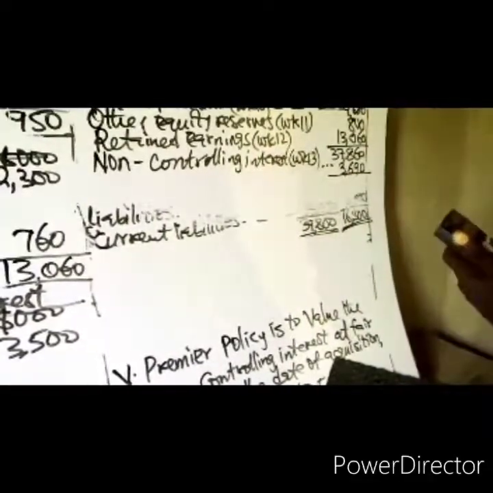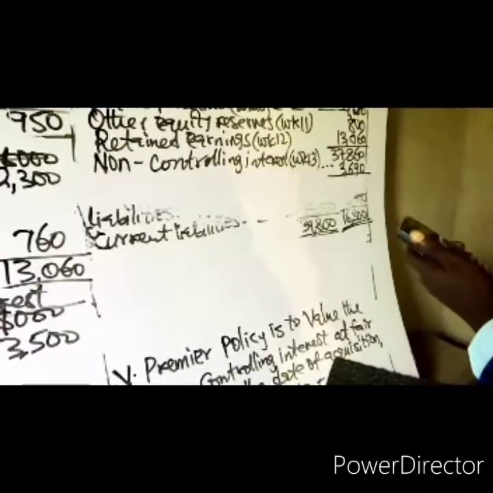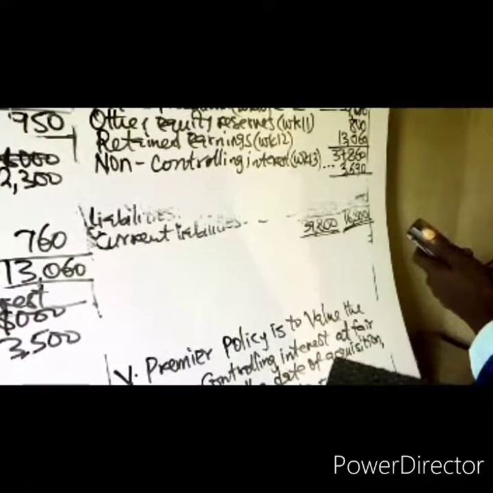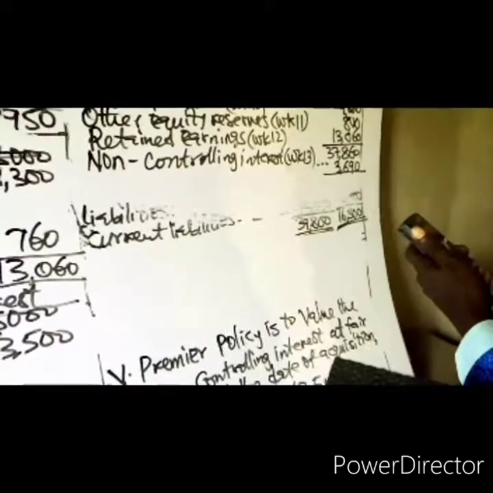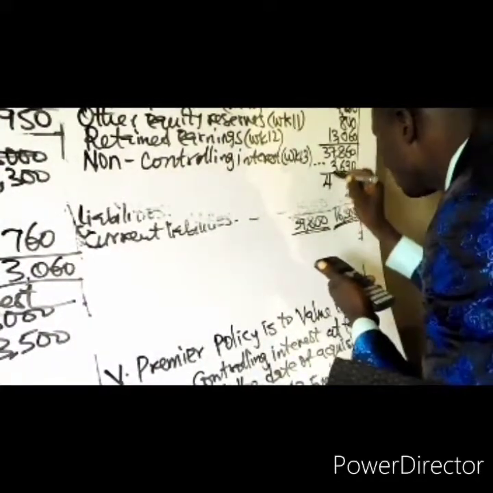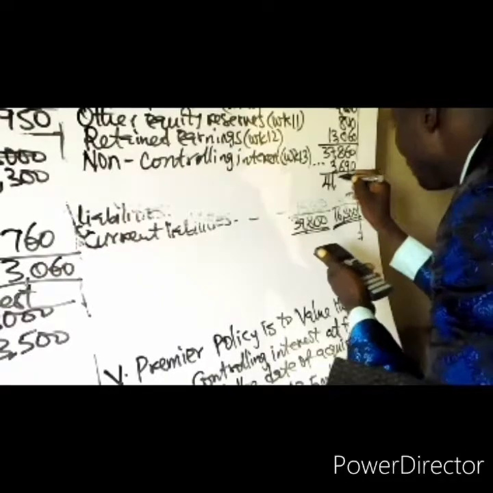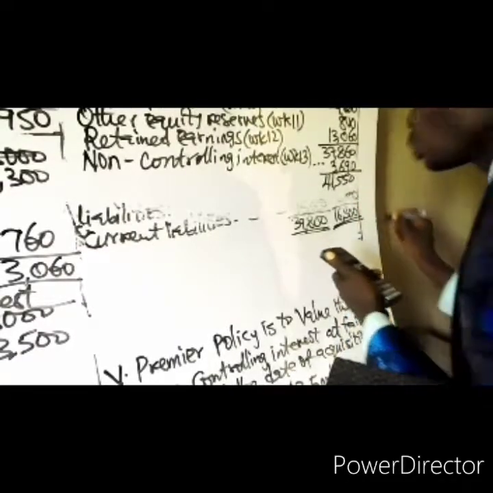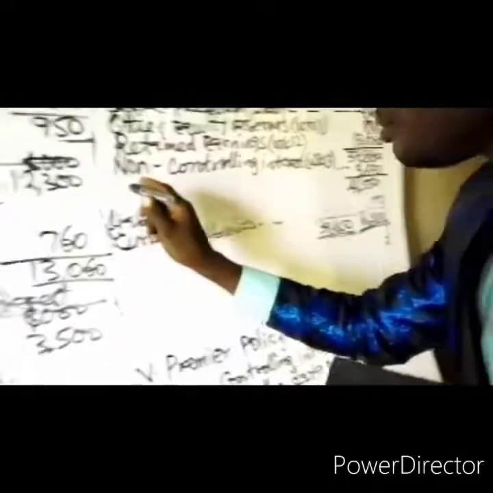So if you add 3,690 to 37,860, then the total equity will be 41,550. That is the total equity.